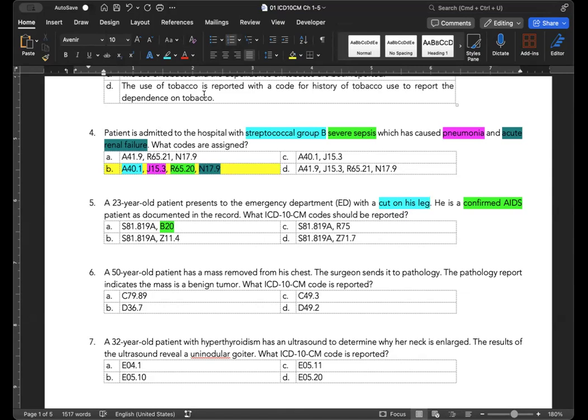Yep. We'll go to laceration. And then where is the laceration on the body? On the leg. Yep, on the leg.